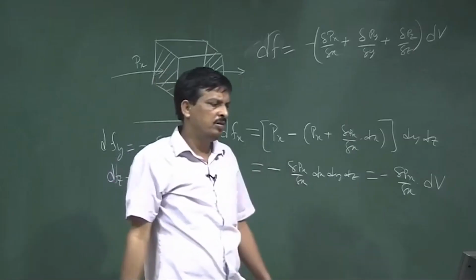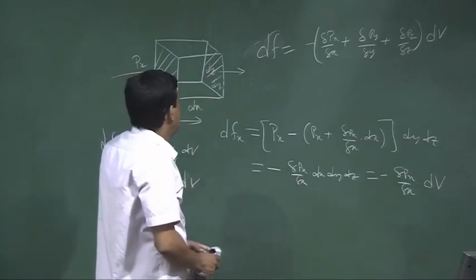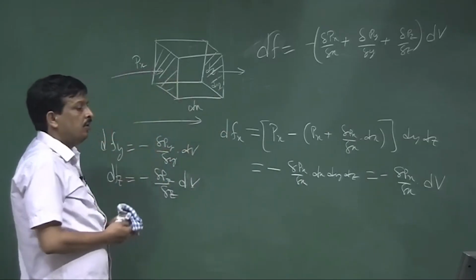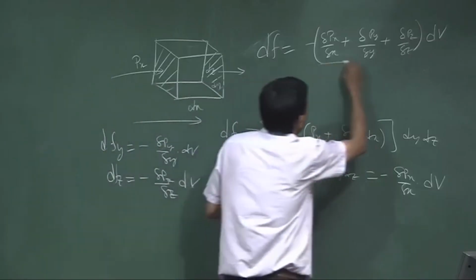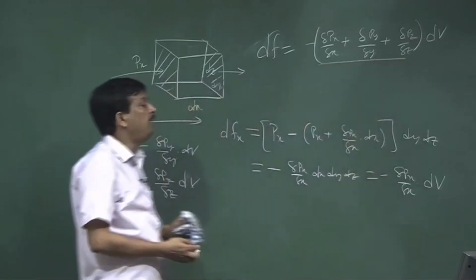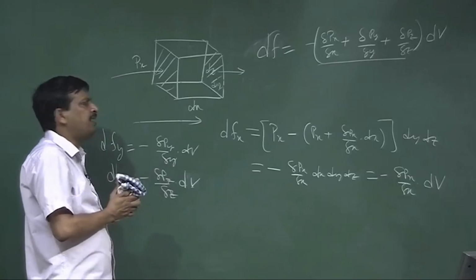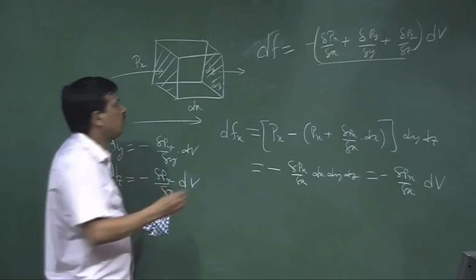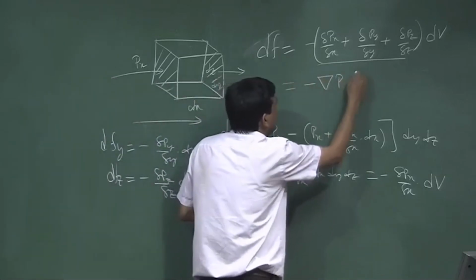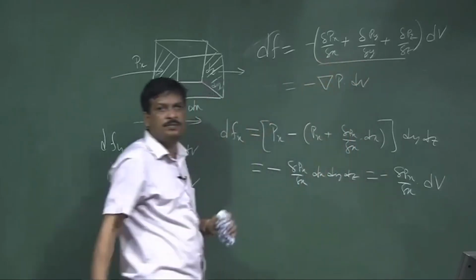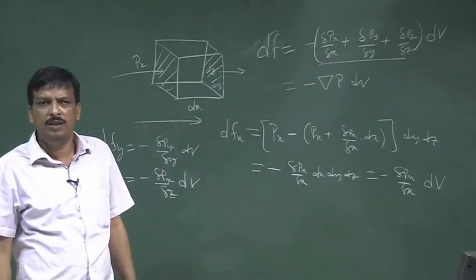Very simple. Now, what is this? Del Px by del x, del Py by del y, del Pz by del z is nothing but a divergence. So, I can write minus divergence of P into dV.